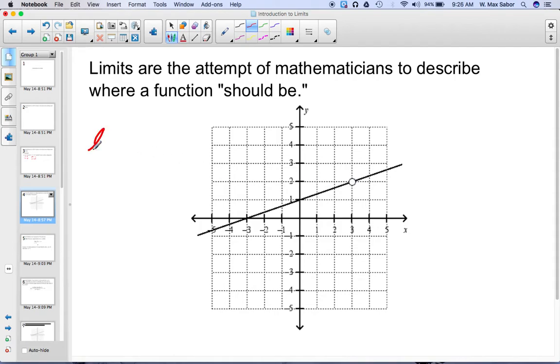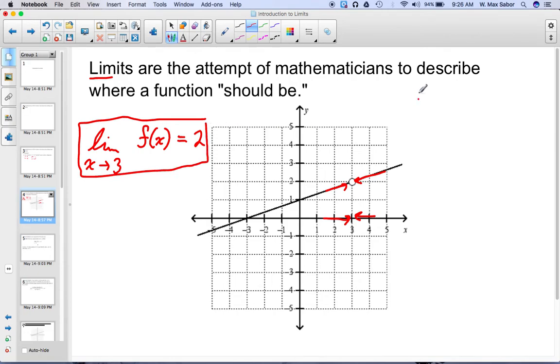But what we would say is that it is true that the limit as x approaches 3, so this is a lowercase lim, I write in cursive for this, just like sine, cosine, tangent, of the function, the limit as x goes to 3 of the function, so as x approaches 3, the y-coordinate approaches 2. That is what we would say here.